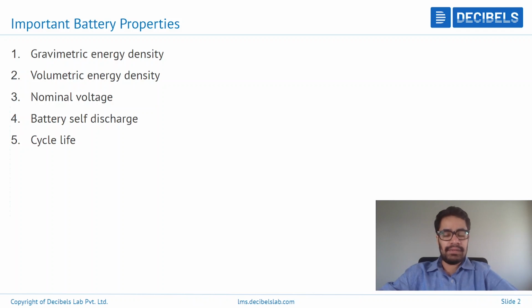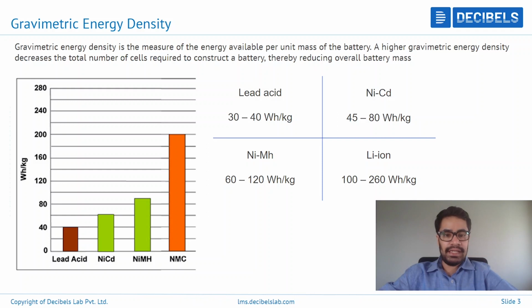So first, we'll start with gravimetric energy density. Gravimetric energy density is defined as the amount of energy available per unit mass of the battery, or per unit mass of the chemicals stored in the battery. So in the chart you can see below, we are comparing 4 types of batteries, that is lead acid, nickel cadmium, nickel metal hydride and NMC or lithium ion.